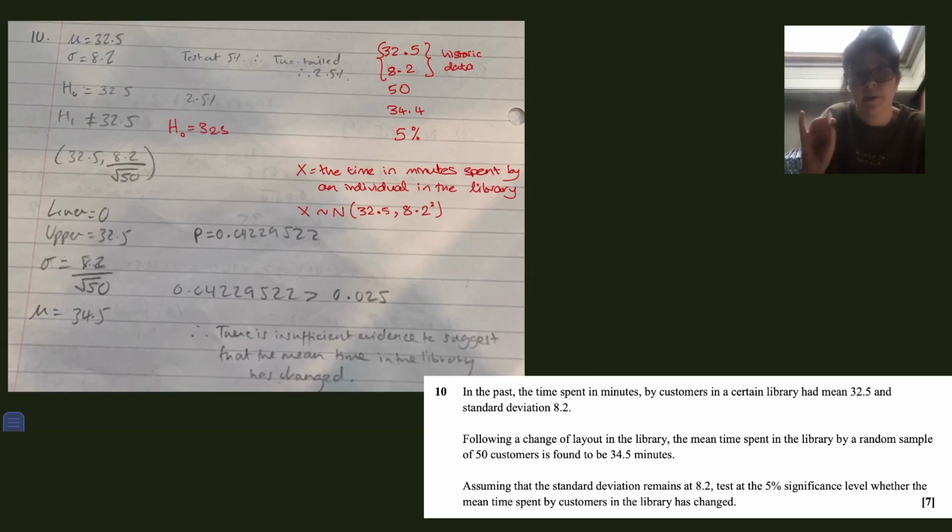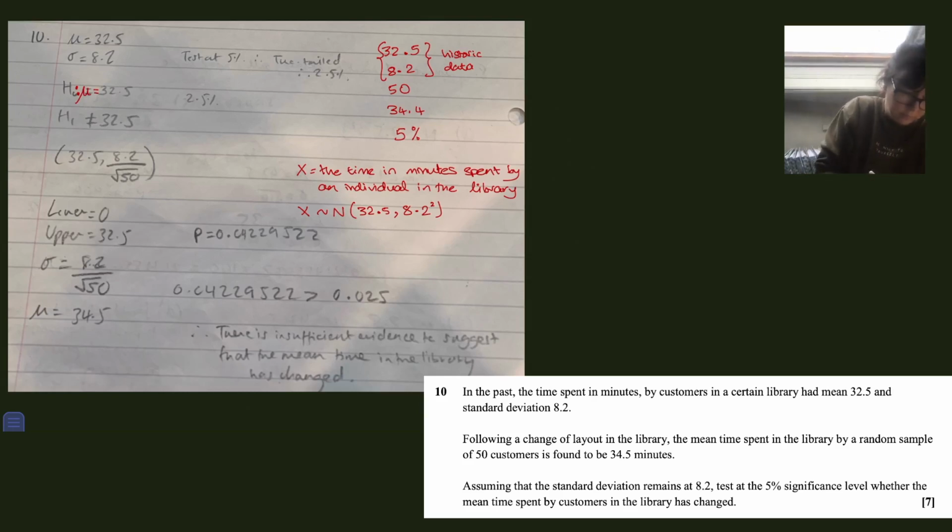H0 doesn't equal anything. H0 isn't a number. H0 is a statement made by a person, and H0 is the historic person, and H1 is the new person who's claiming that the historic person's wrong. So H0 is the statement that the mean of the population is 32.5.